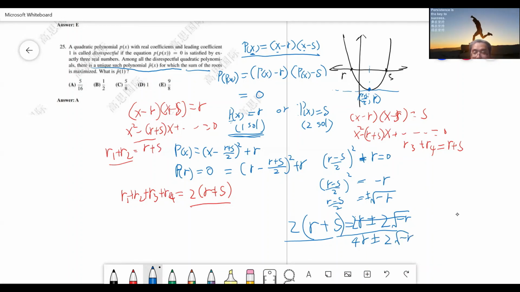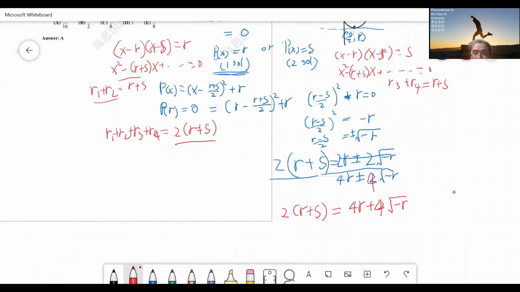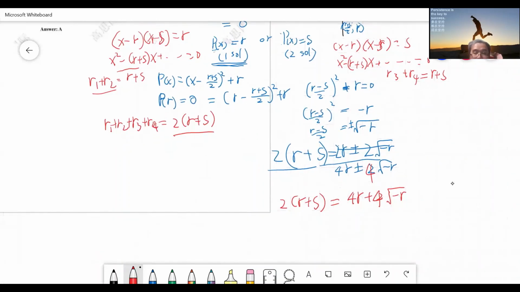We want to maximize, so we don't want the minus here, right? Then that would give us smaller. So basically we have 2(r plus s). So that's equal to 4r plus 4 square root of negative r. Right, so I think we can just make a perfect square here.